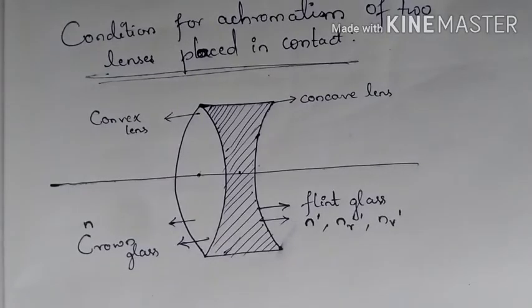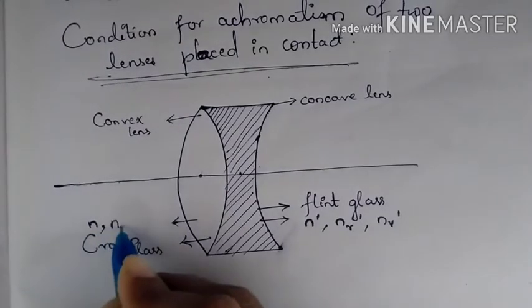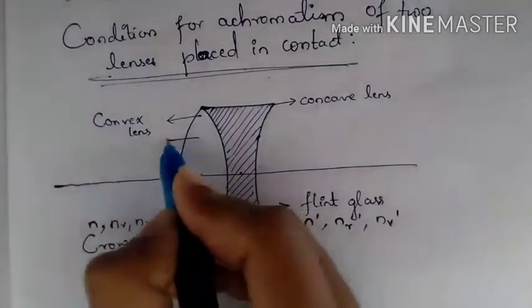So nr prime is the refractive index of the red ray in the concave lens and nv prime is the refractive index of the violet ray in the concave lens. Similarly you will have nv and nr for the convex lens also.